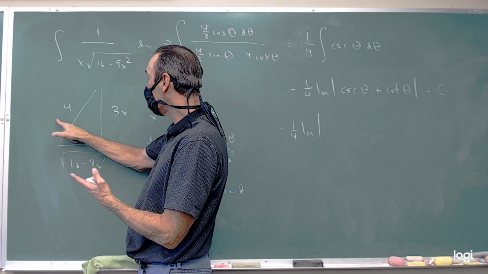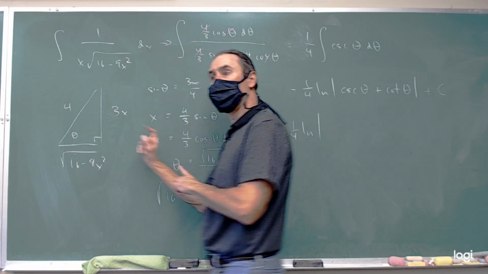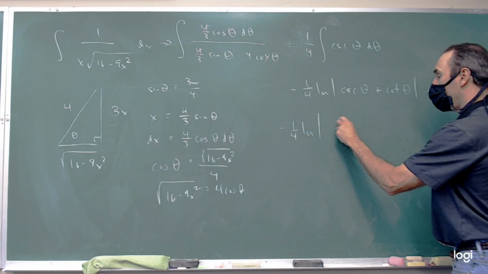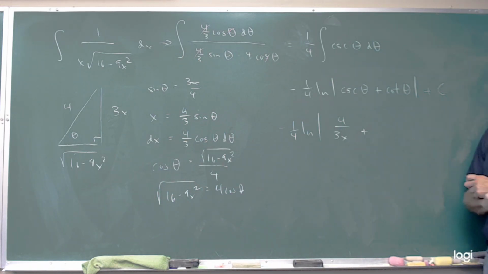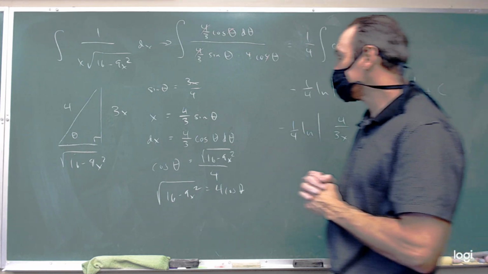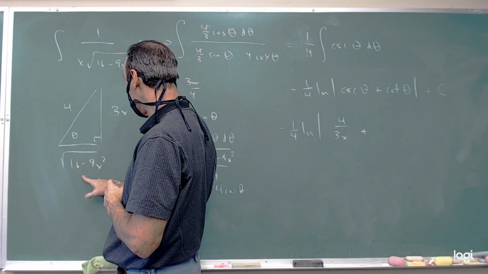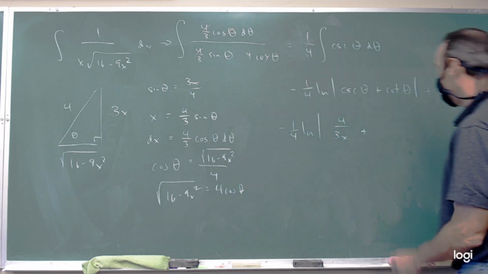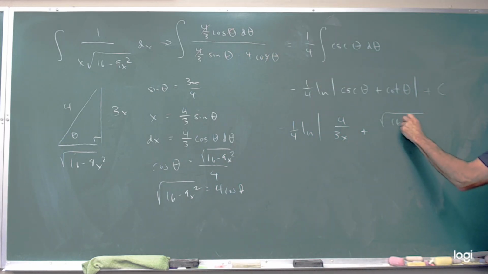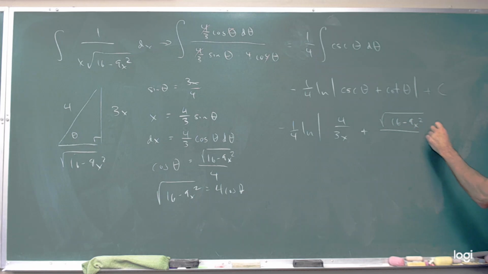It's going to be hypotenuse over opposite, right? 4 over 3x. Okay? Plus cotangent theta. See, cotangent is opposite over adjacent. This must be adjacent over opposite. So that's the square root of 16 minus 9x squared all over 3x plus c. Kind of cool? Kind of crazy.